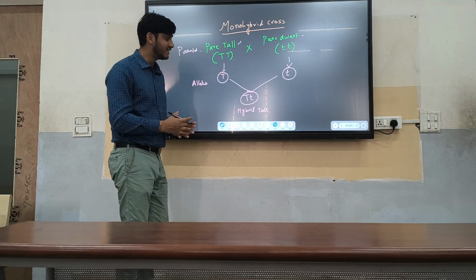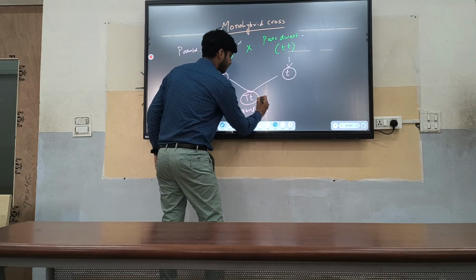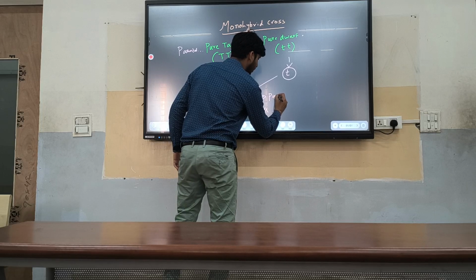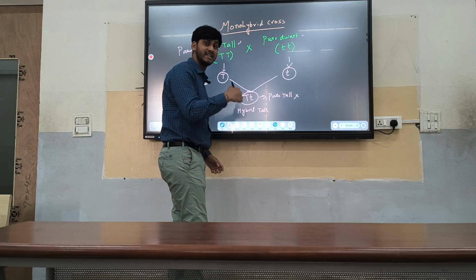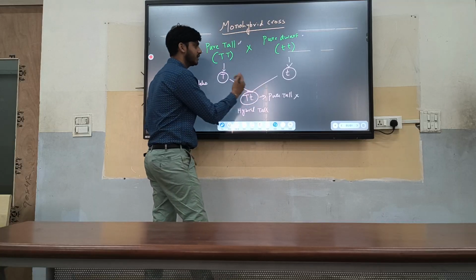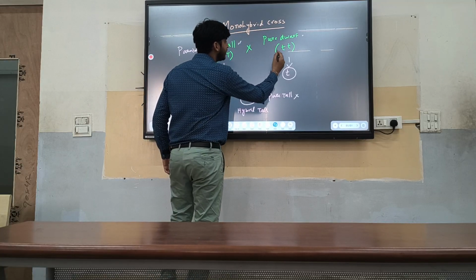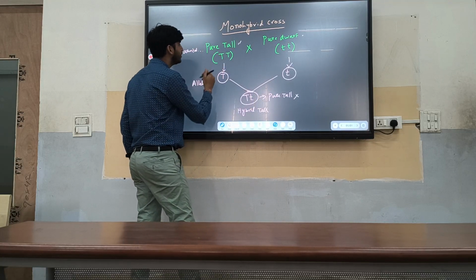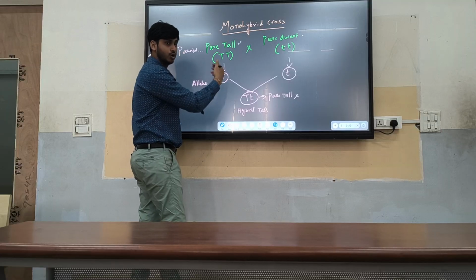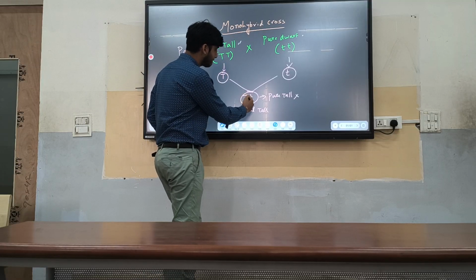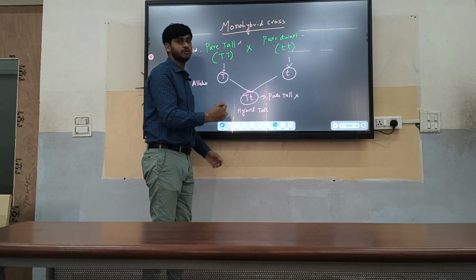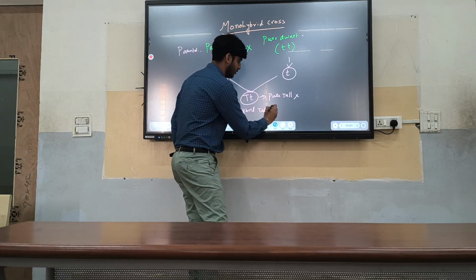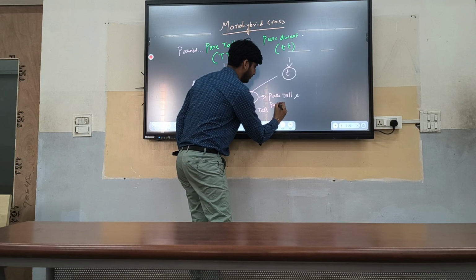It is neither purely tall, neither it is purely dwarf. See, in the pure dwarf there was two small t, and in the pure tall there was two capital T's. But in this case, one capital T and one small t. So not a pure tall, not a pure dwarf.